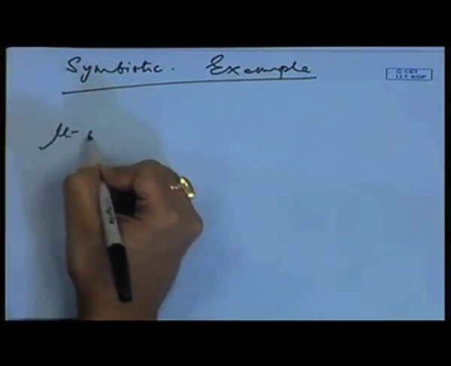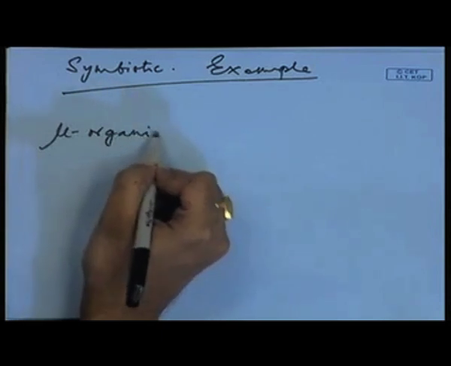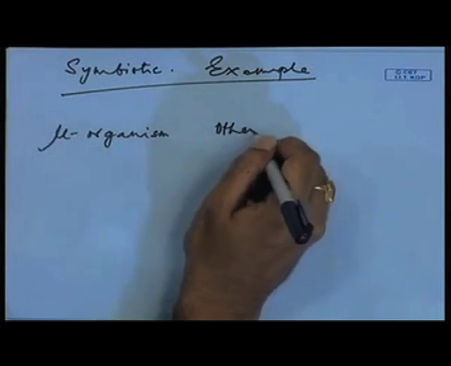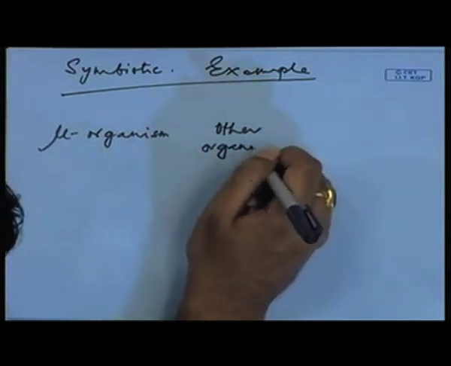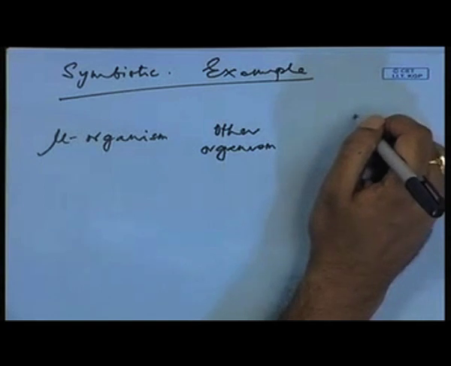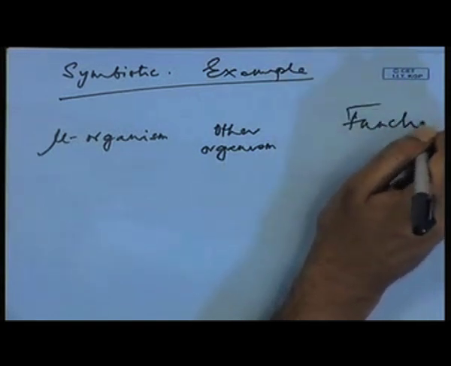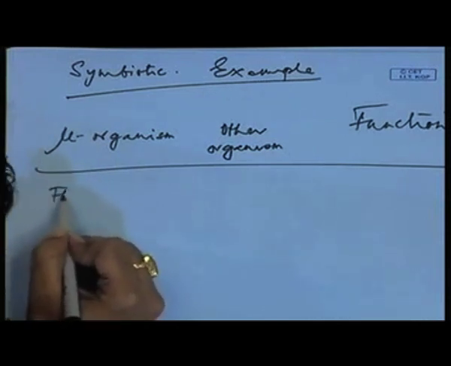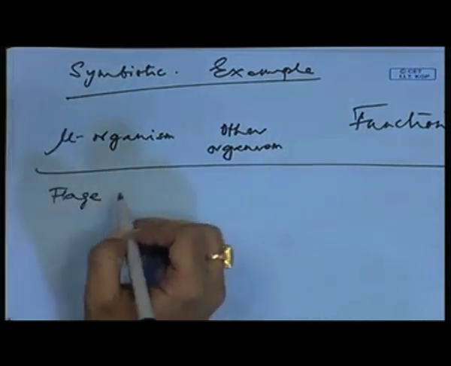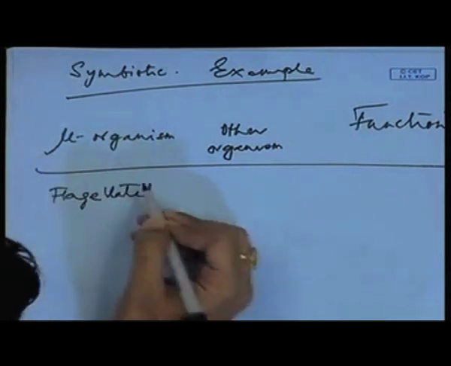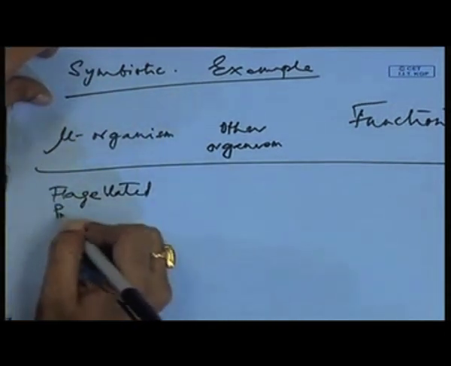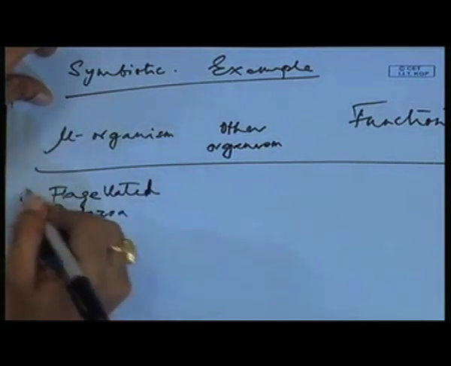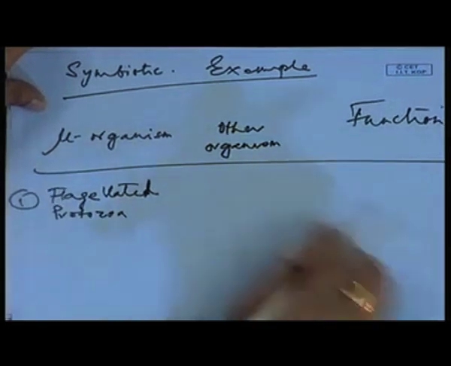So, one is a microorganism and the other one is another organism, and what is the function, the role, how this happens. So, let us consider this example of a flagellated protozoa. Okay. This is the first example. Flagellated protozoa.